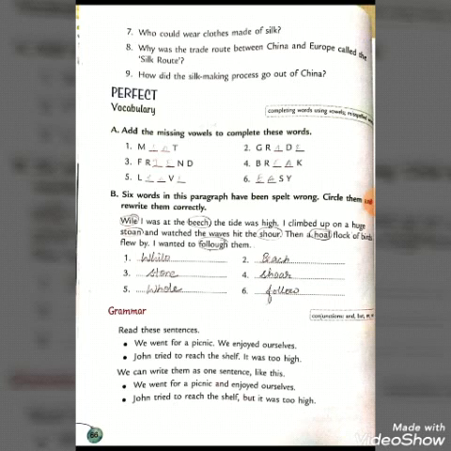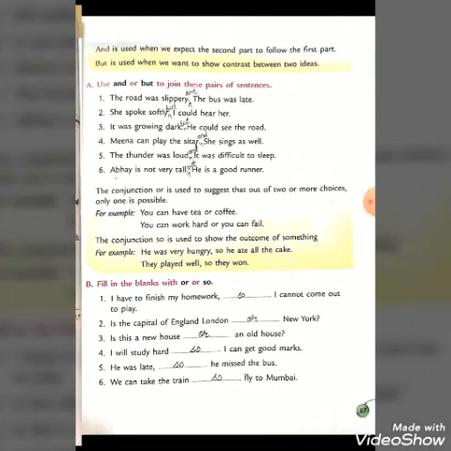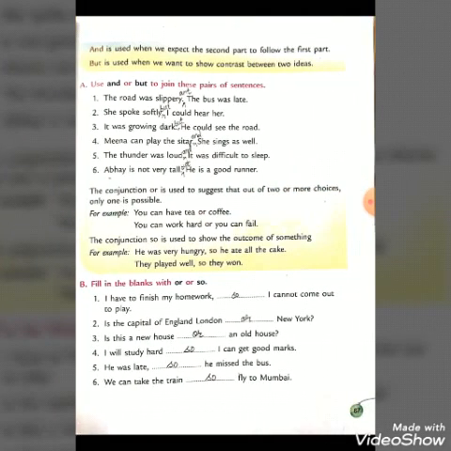We went for a picnic, we enjoyed ourselves, but in the next line which is given below, we went for a picnic, and enjoyed ourselves. Here, and is used when we expect the second part to follow the first part, as the example is shown there.